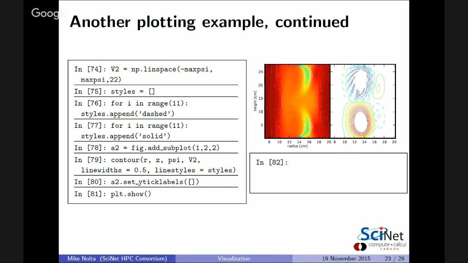So it's just going to march through the list. For each value in this one, it'll pick this style. Does that make sense? I made two arrays of the same length. One setting the contour value, and the other setting the contour style, line width, line style. Okay.